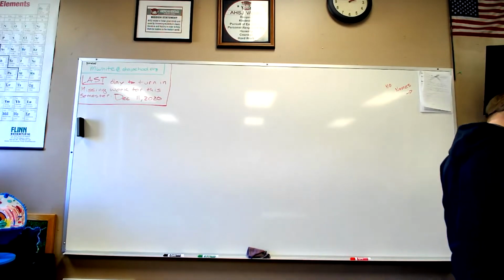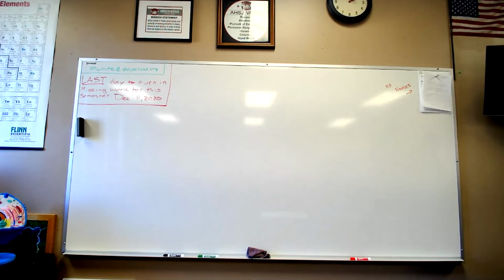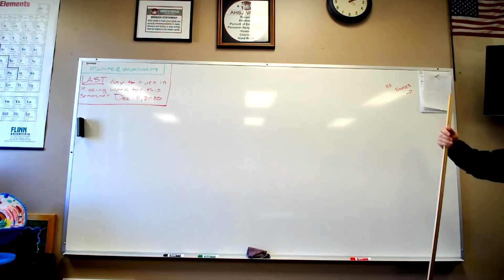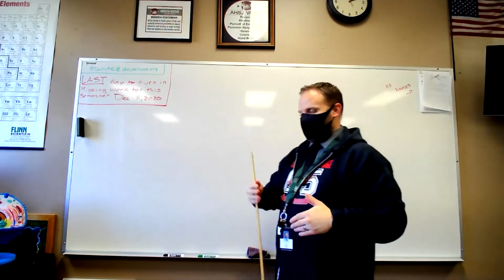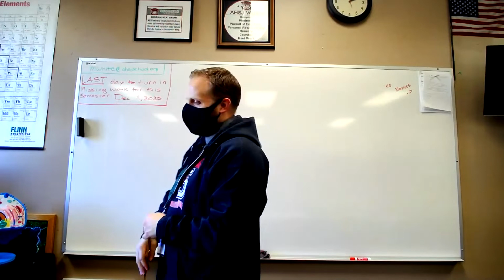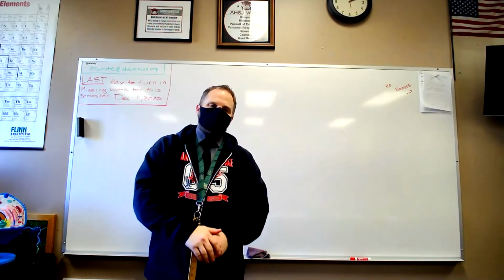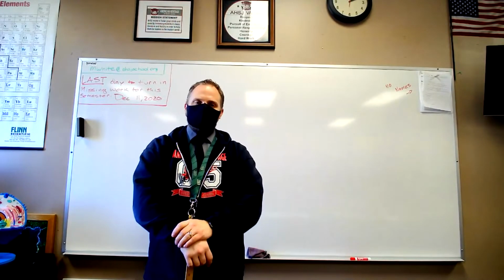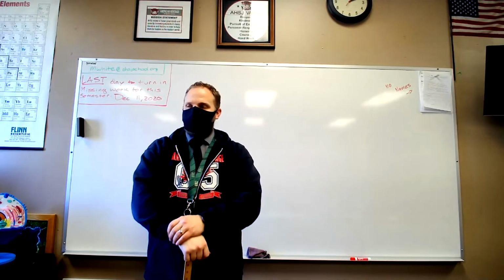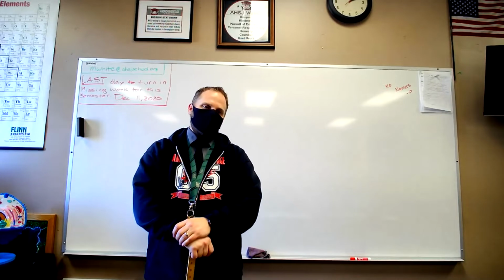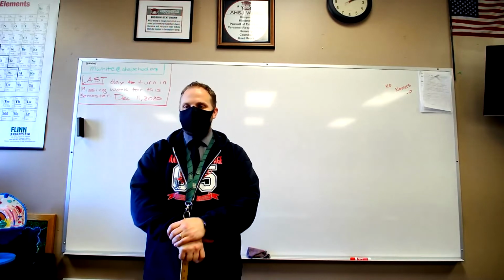But the temperature at which there's enough energy to change something from a solid to a liquid has a special name. It's incredibly complex. It's called the melting point. So what temperature does something melt? The melting point. Makes sense.